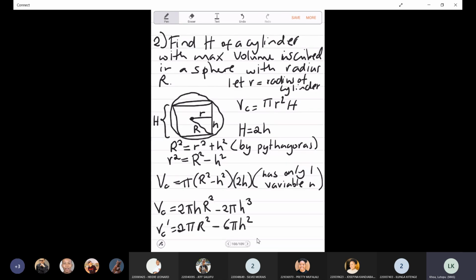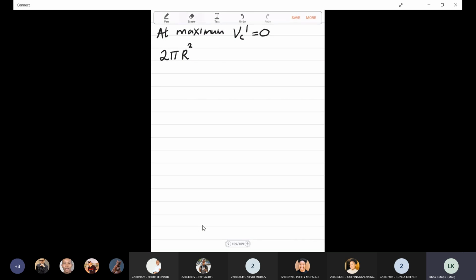Okay, and then this is the one that we will equate to 0. So we have 2 pi capital R squared minus 6 pi h squared is equal to 0.